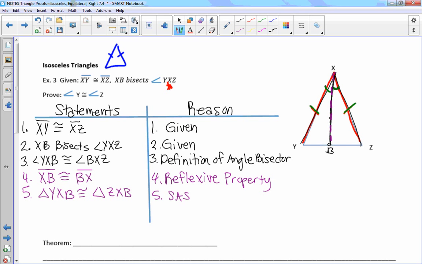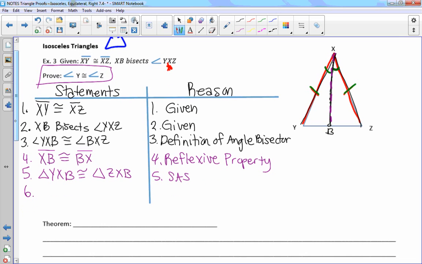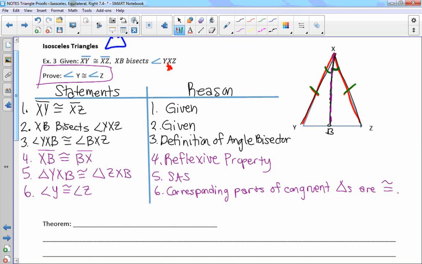So if I know that these two triangles are congruent, does that prove what we wanted to prove, that Y and Z are congruent? Yeah, because corresponding parts of congruent triangles are congruent. So angle Y is congruent to angle Z by corresponding parts of congruent triangles are congruent.